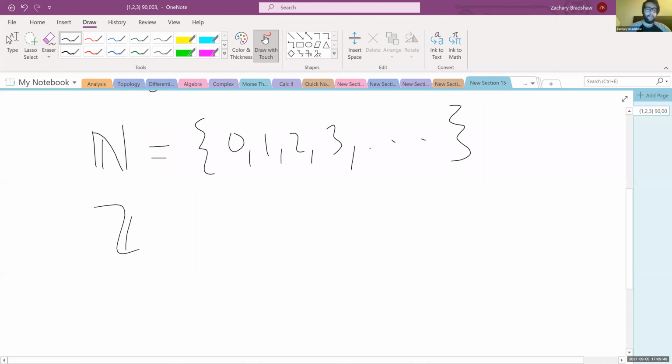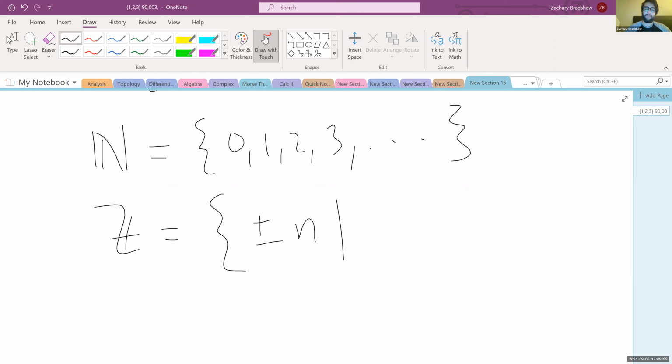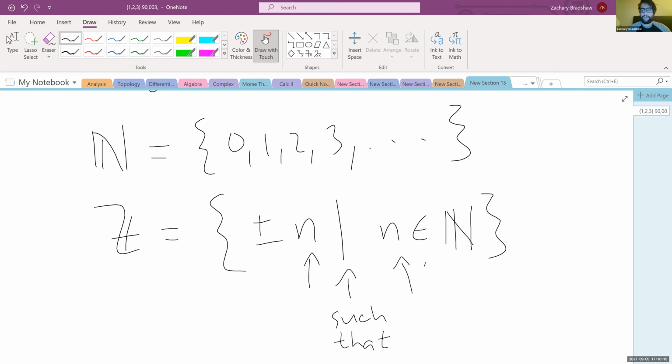And then the integers, which is just plus or minus all of the natural numbers. If you're not familiar with set notation, the way you read this is the set of all plus or minus n, such that n is in the natural numbers.